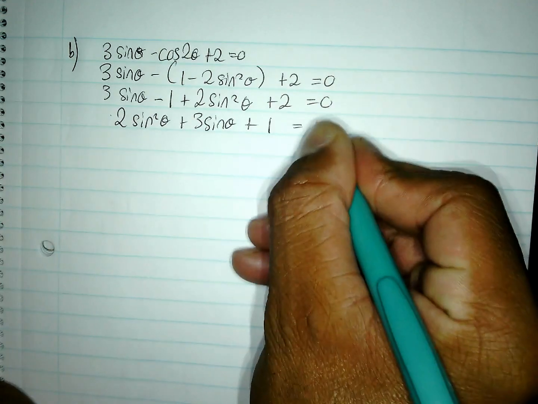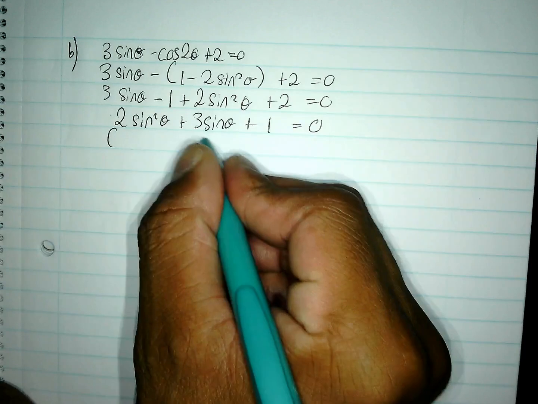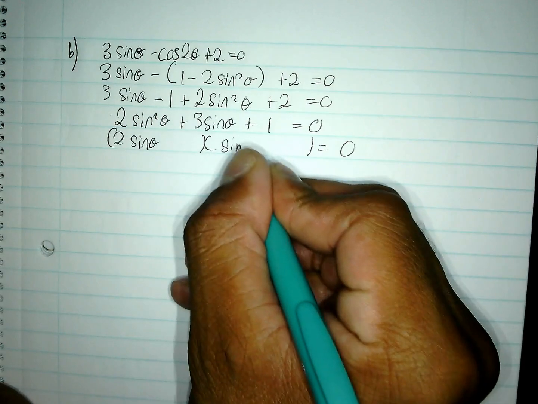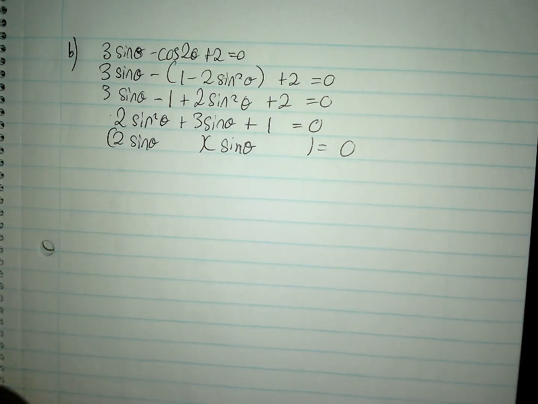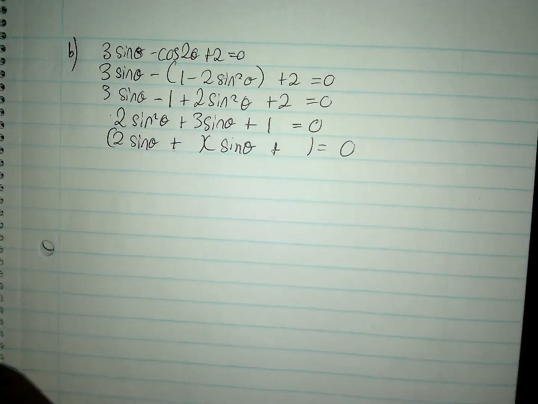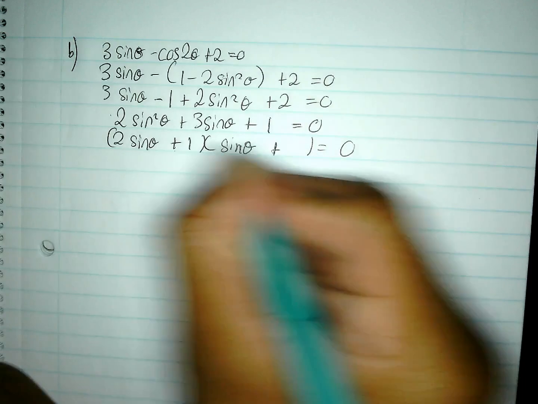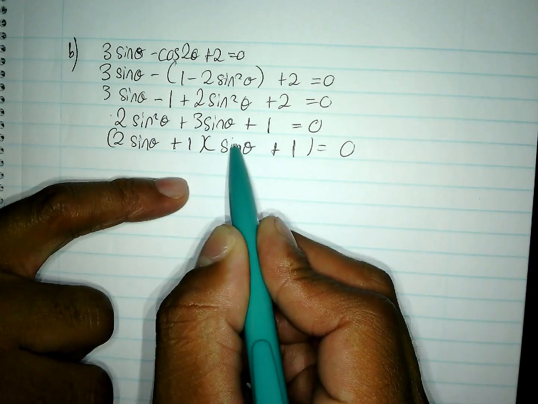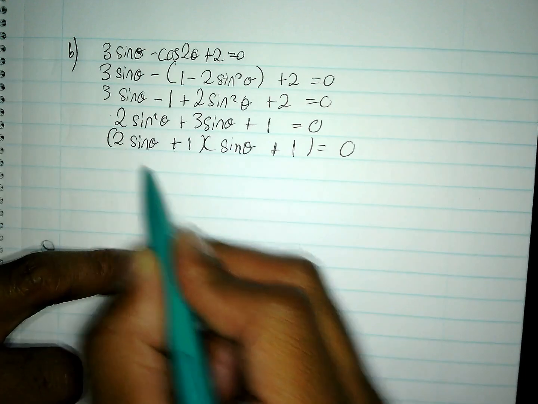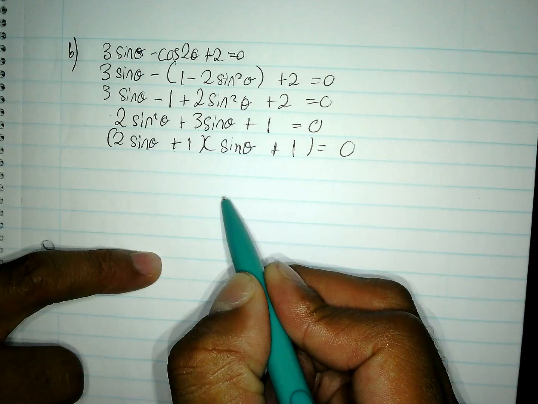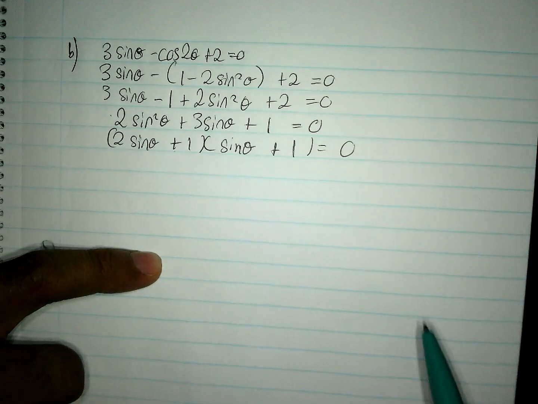It's equal to 0. Then if you factorize this, it's going to be 2 sine theta, sine theta, then positive and positive. The factors of 1 are only 1 and 1, so 1 times sine is sine theta, then 2 sine multiplied by 1 is 2 sine theta, and sine and 2 sine theta give us positive 3.